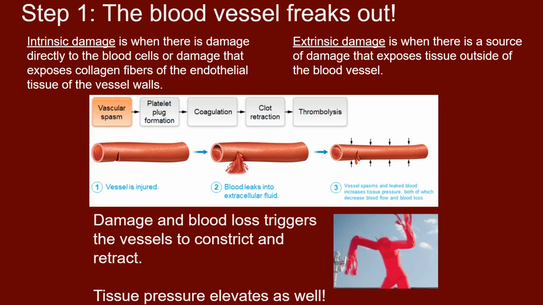The very first reaction will be for our blood vessels to contract and narrow. This immediately reduces the surface area of the vessel, making it easier to fill the damage, and reduces blood flow so platelets can begin to adhere to the site of damage. Additionally, inflammation of the surrounding tissues applies pressure to the damaged area, working just like when we apply pressure to a wound to help it stop bleeding.